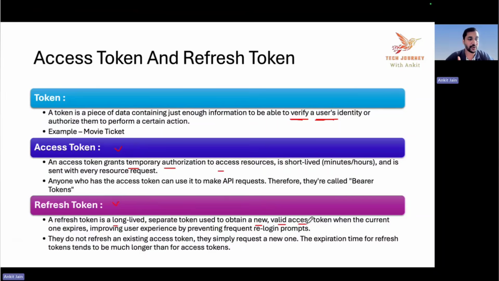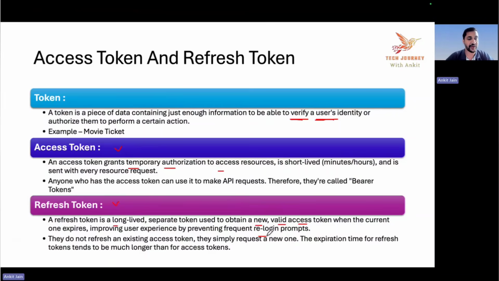I hope the concept of the token, access token, and refresh token will be with you for a lifetime. It's very simple. No need to confuse what is access token, what is refresh token. The only difference is that access token is short-lived, refresh token is long-lived. With the help of the refresh token, you can always generate a valid access token when the existing access token has expired, so that we can avoid the user having to log in again and again.